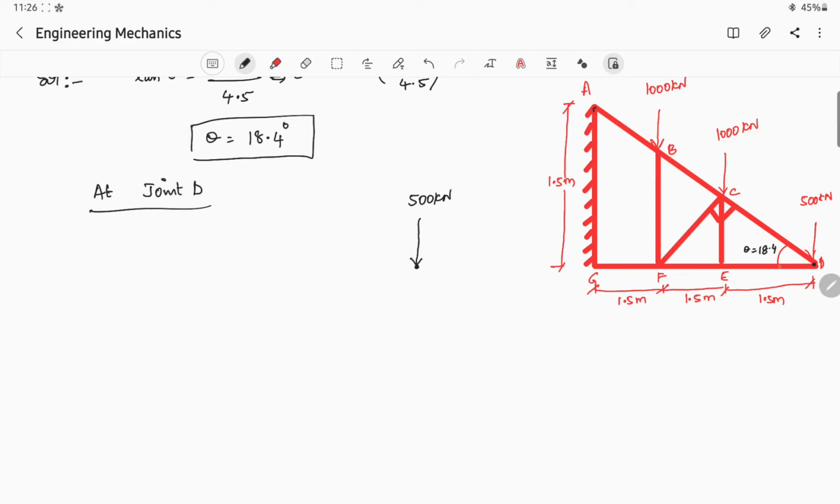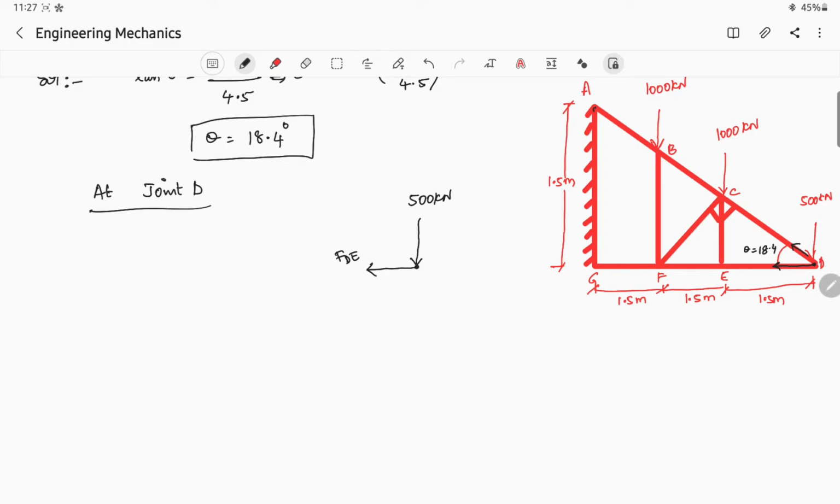Then we have one more member which is going exactly in horizontal direction, so I can write it as force in member DE. Next we have an inclined member, that is member DC. Always the forces in members should be taken away from the joint.